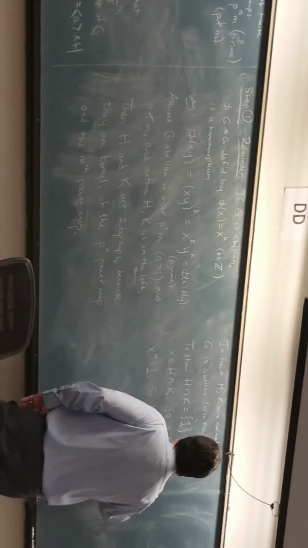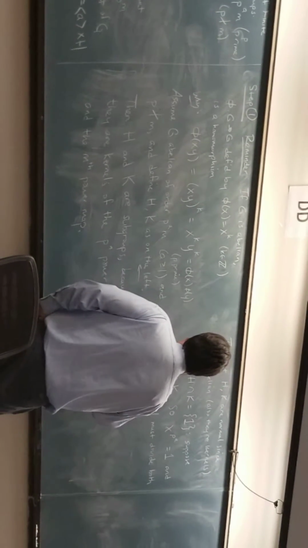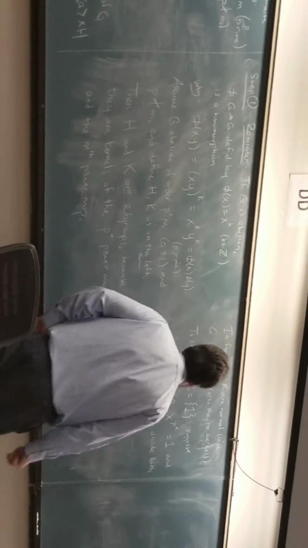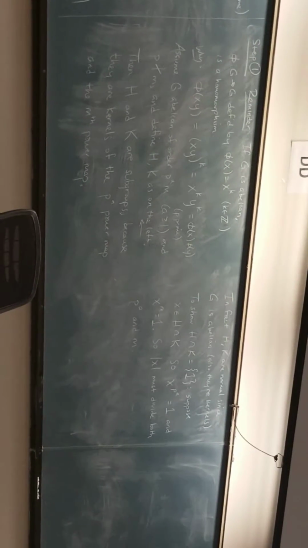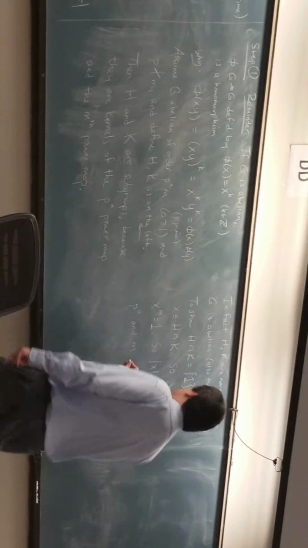How does that interact with the fact that P does not divide M? What's the only number that can divide P and M? The order of X has to divide both P to the A and M, and we already said P doesn't divide M. So 1. So 1 has to be the order of X.